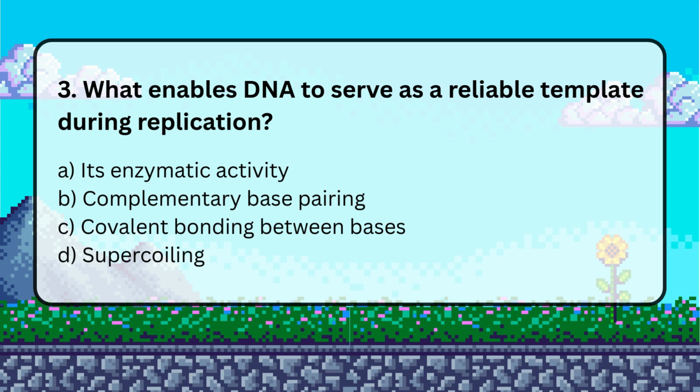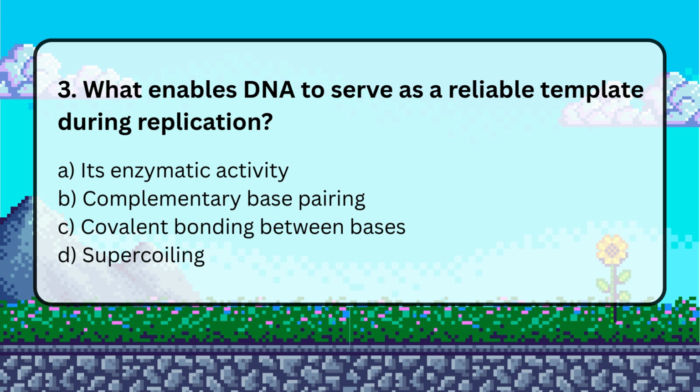Complementary base pairing. Yes, DNA has complementary base pairing, and it also has a role during replication. Covalent bonding between bases. There is no covalent bonding between bases; between the bases there's a hydrogen bond. Supercoiling is not related to replication.